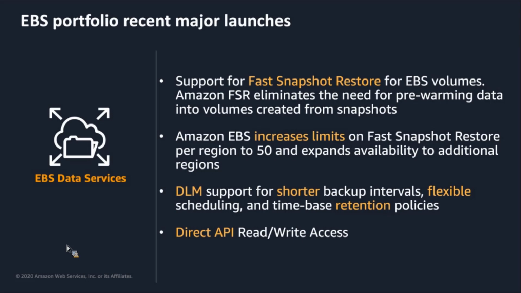All this is eliminated with the launch of the FSR feature, such that the EBS service provides you all the required infrastructure in the backend, and your EBS volume will be fully performant instantaneously when you create it after it is FSR enabled. And FSR limits have been increased, because you asked, from 5 to 50. It says that you have various business critical workloads you can include in the FSR enablement.